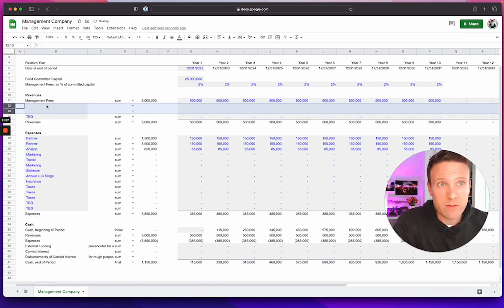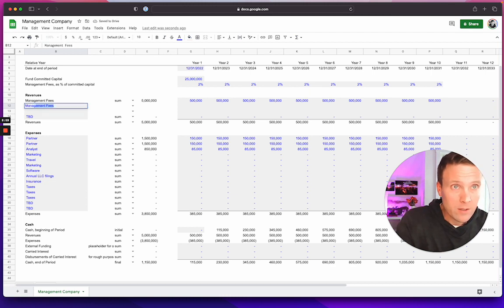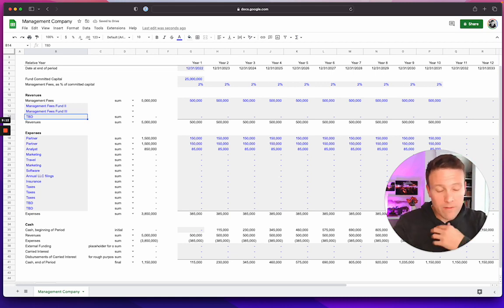So you'd have management fees from fund 1, and then you'd have management fees from fund 2, and hopefully management fees from fund 3. And to some degree the operations of the fund will increase, but not quite at the same rate as revenues.